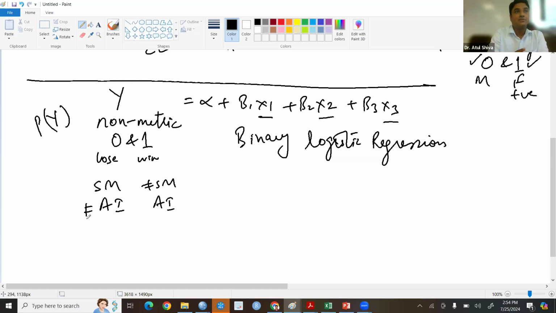If my objective is to check whether people are using chat GPT or not, I am checking the probability of using chat GPT for making assignments by the students. If this is the research paper you want to write, then you are not going to apply multiple regression. You are going to apply logistic regression. Logistic regression will tell you that there are only two options, 0 and 1.